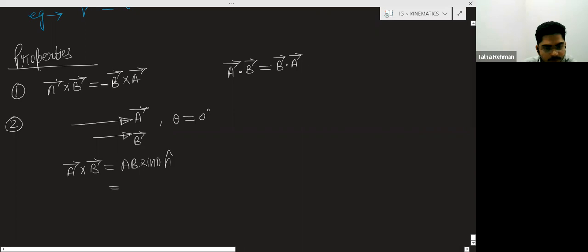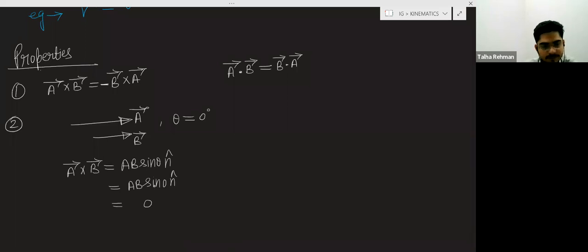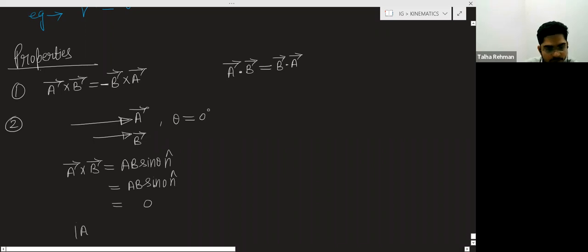So it will be AB sine 0 into n cap, so it will be 0. A cross b will be 0. Sometimes we say this is a zero vector. So the magnitude of a cross b is equal to 0.